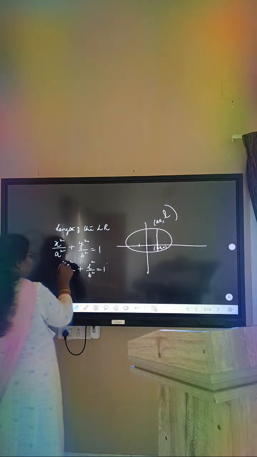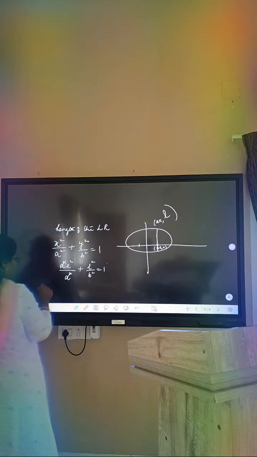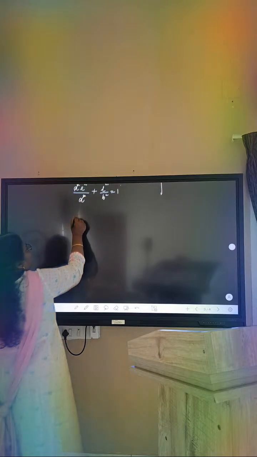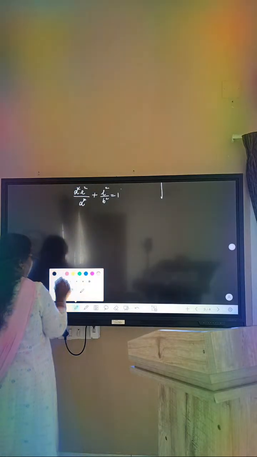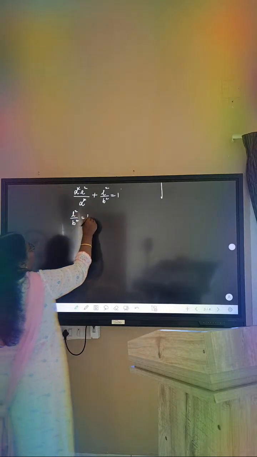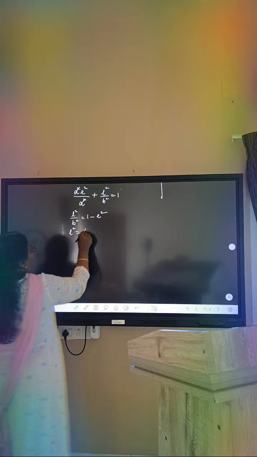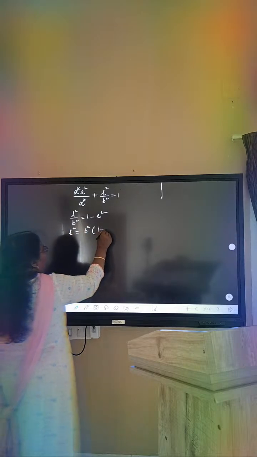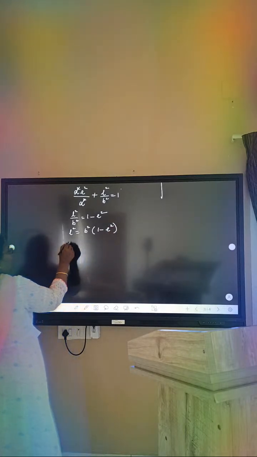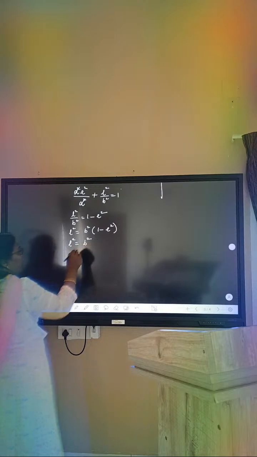So a squared gets cancelled, and therefore l squared by b squared is equal to 1 minus e squared, or l squared is equal to b squared into (1 minus e squared).